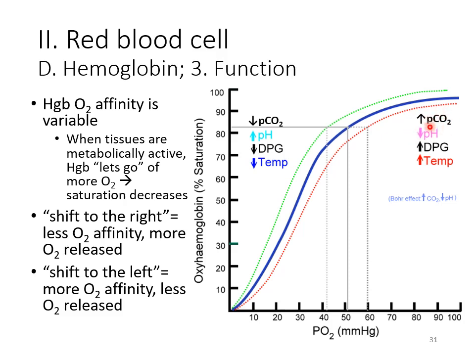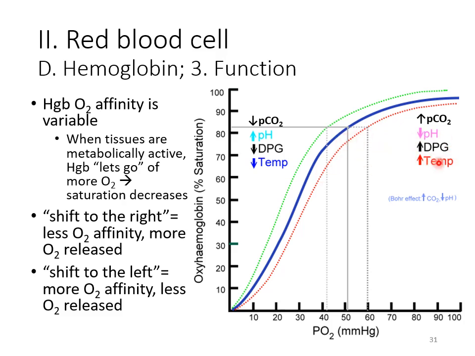And also, you will see in a later lecture that CO2 and acidity are directly related. And temperature, of course, is an indicator of metabolic activity. You are producing heat. So all of these indicators of metabolic activity can cause the bond or the affinity between hemoglobin and oxygen to weaken. So it releases more oxygen.